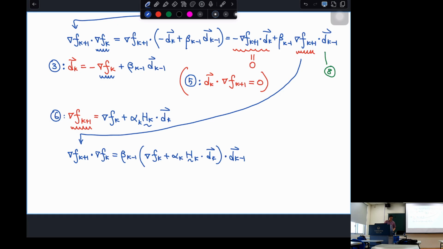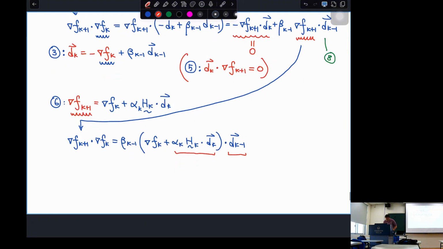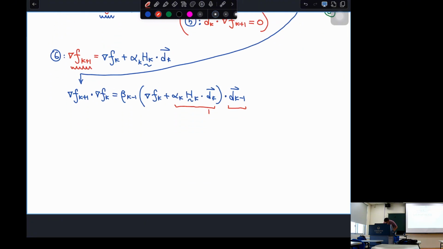Okay, and this part dot product with that actually will end up with dk dot Hk, because of symmetry, dot dk minus 1.